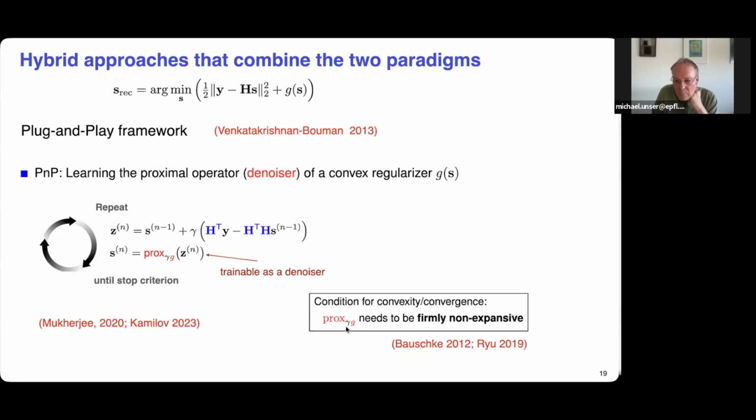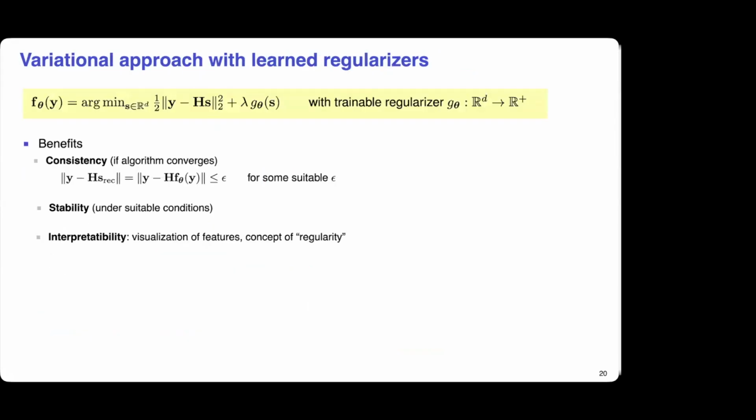This works quite well, but if you want to ensure consistency or some mathematical guarantees, you need this proximal operator to be firmly non-expansive. And if you impose that constraint, it really limits very much the possibilities of this kind of algorithm.